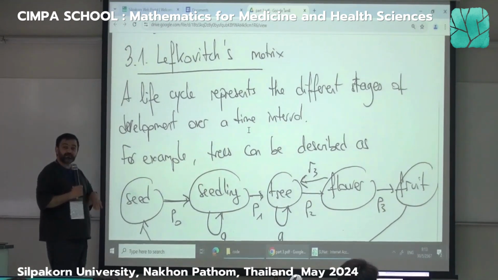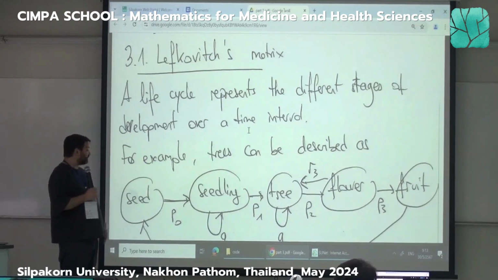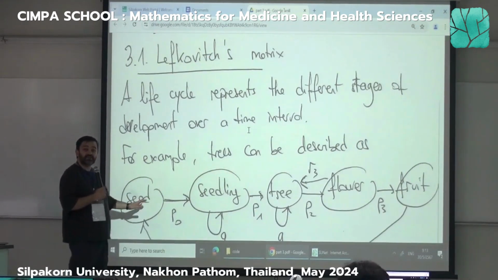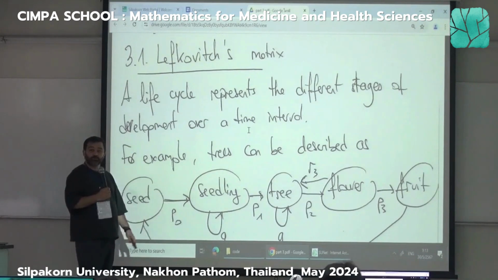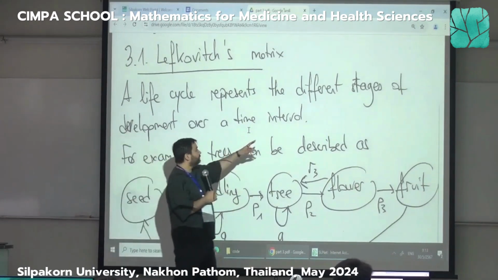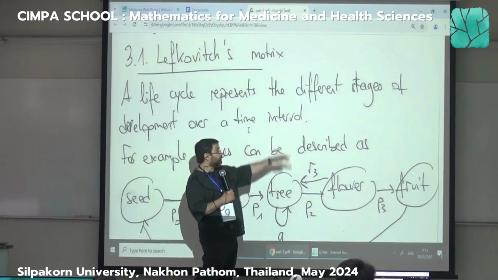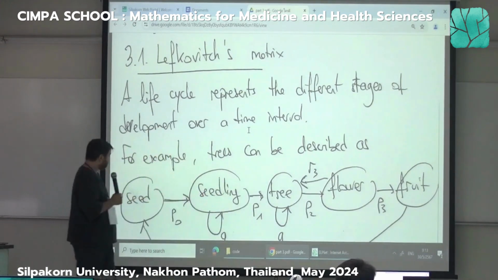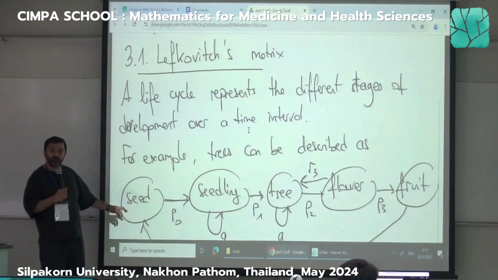So for size, we have to think exactly the same, but instead of saying age, you are thinking about size or different stages of development. Here I put an example for a tree.